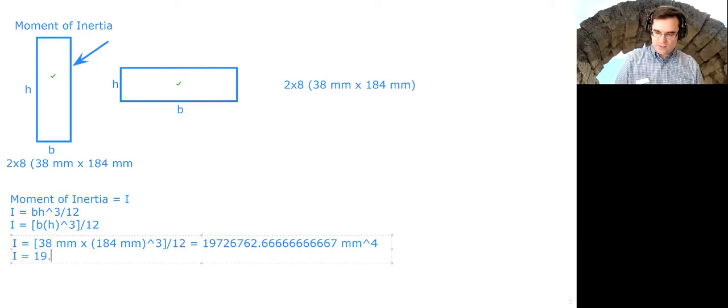So in our case, it would be this. And this is millimeters to the 4th. Okay, so it'd be simplified as 19.727 times 10 to the 6 millimeters to the 4th. Okay, so now here we calculated the moment of inertia of this shape.